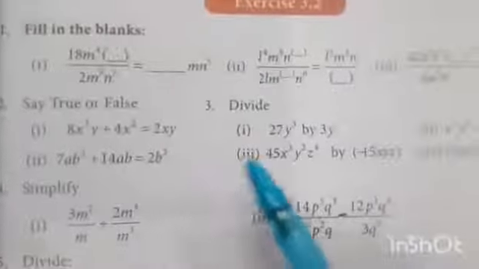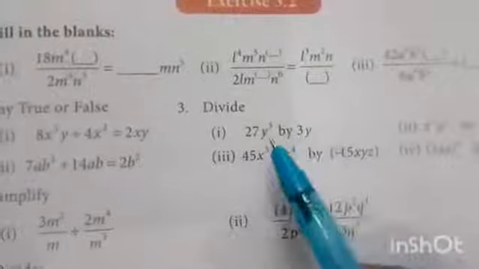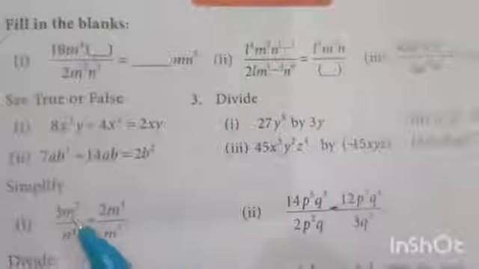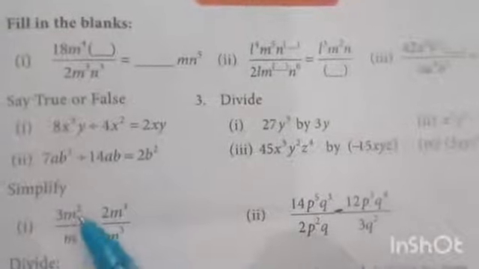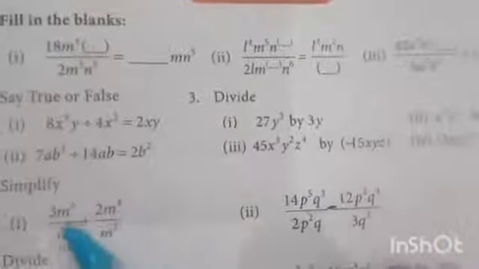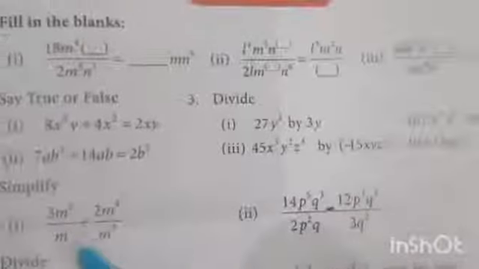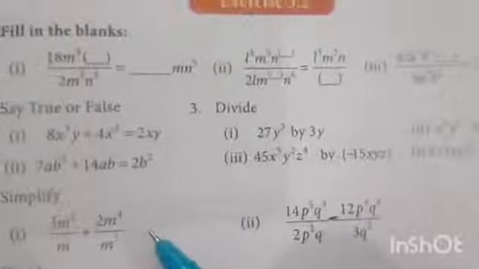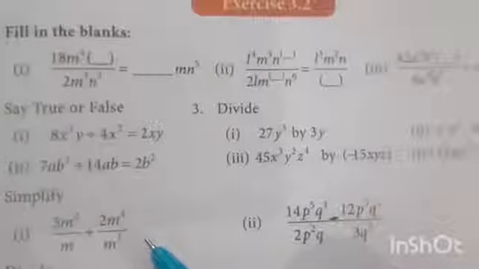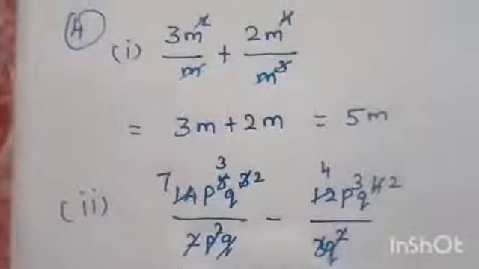What is the difference between the earlier problem and this one? Earlier there was only one term, monomial divided by monomial. Here two terms are there. First cancel numerator to denominator for the first term, then for the second term, then add the two simplified values. The same way for the second problem.